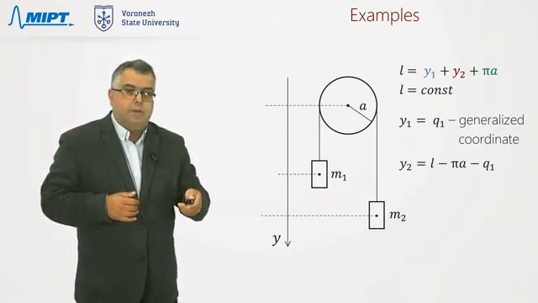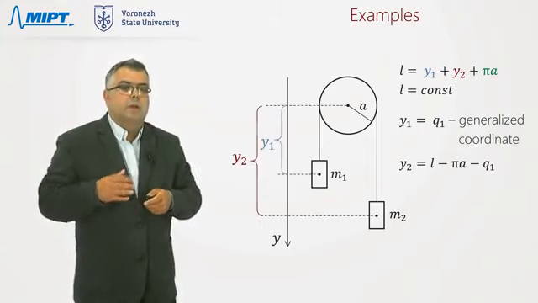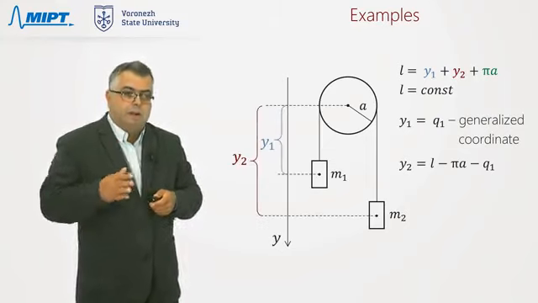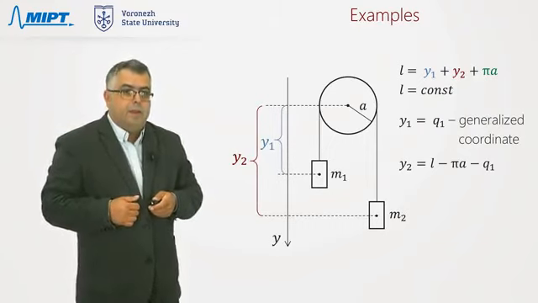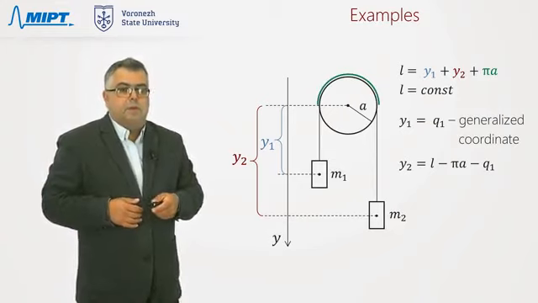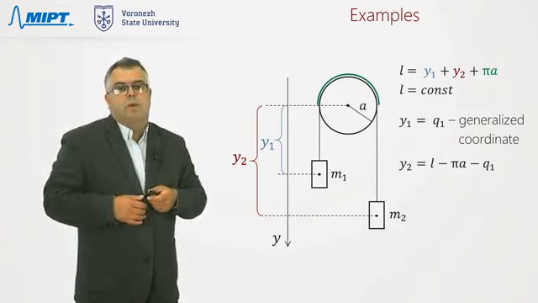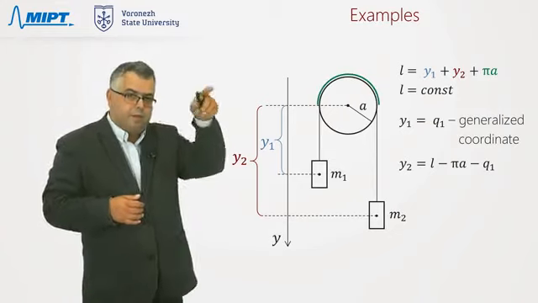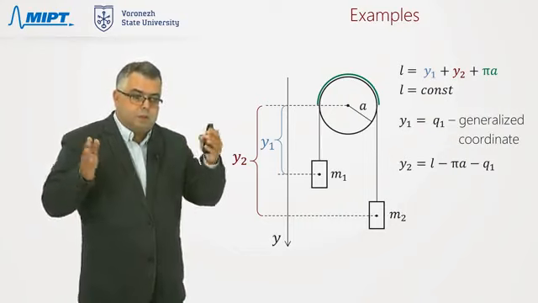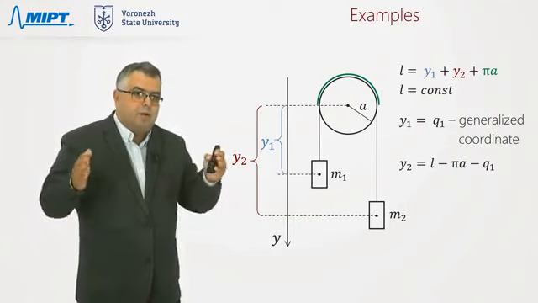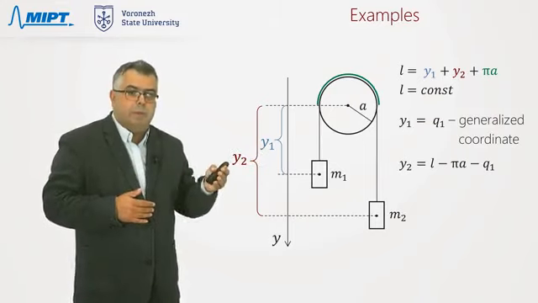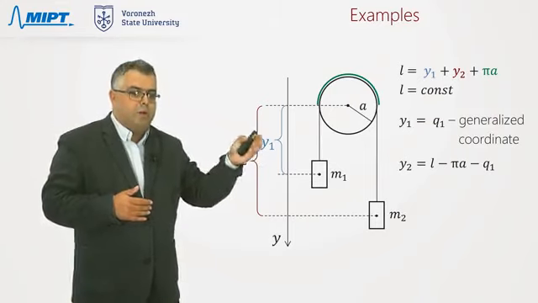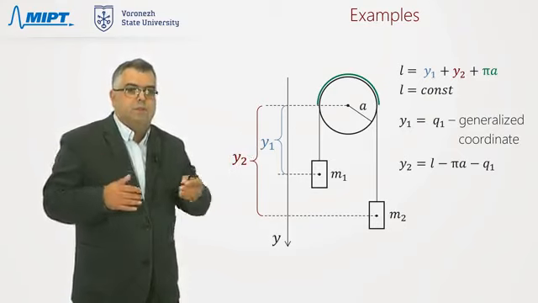If we introduce the coordinate of the first bar, y1, the coordinate of the second bar, y2, and the length of the green line here, the sum of these three is constant. So here we have to choose only one parameter, y1 or y2, to describe that system.